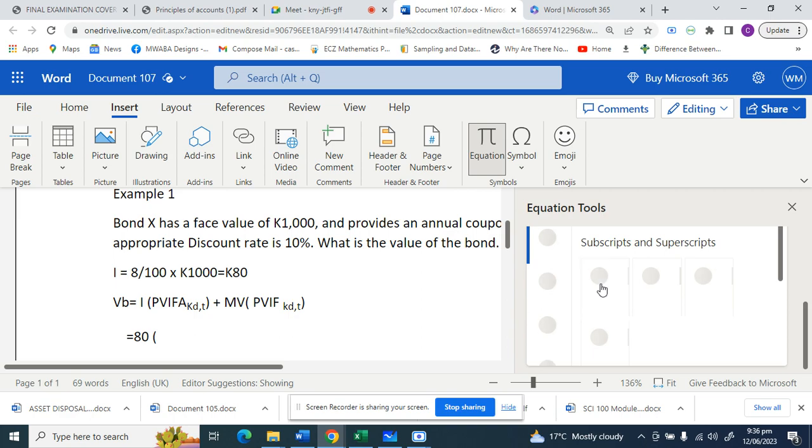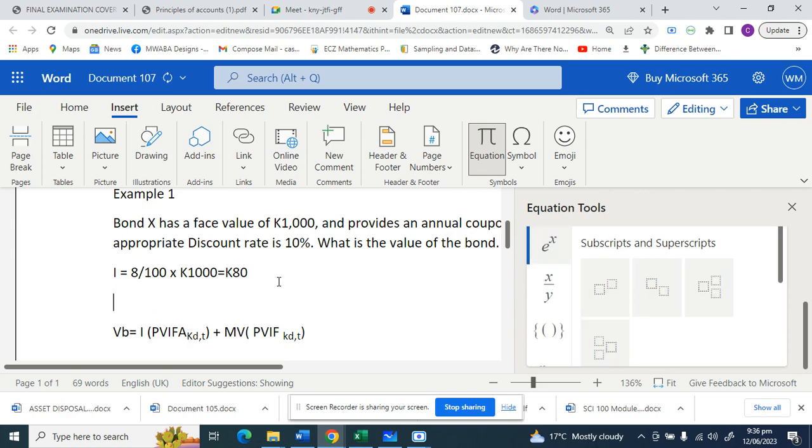Let me just insert it here. And in this question, our R is 10%. This R is representing the discount rate, 10%.